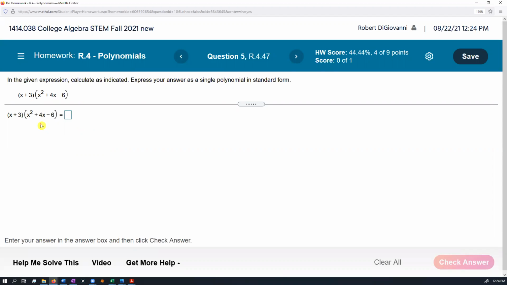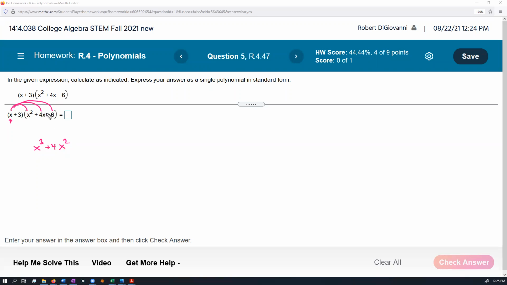Finally, something different. Okay, so now we have 2 terms in parentheses times something that has 3 terms. So how do we multiply this out? Well, the first thing you're going to do, start with the very first term, x, and distribute just the x through the parenthesis, like this. So x times x squared is x cubed. X times +4x gives us +4x squared.